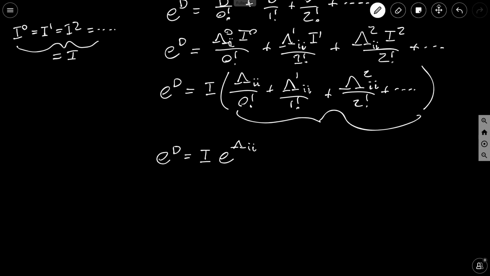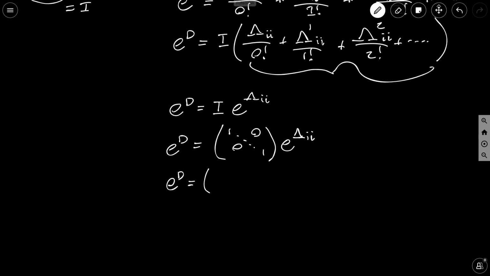And we can rewrite I as just, as I said, 1's in the diagonal and 0's in the off elements. And this is multiplied by e to capital lambda sub I. So we can substitute this in. So e to the eigenvalues of A are in the diagonal and 0's are in the off diagonal. And so this is e to the d.